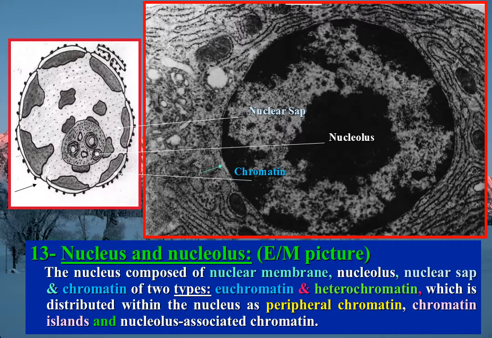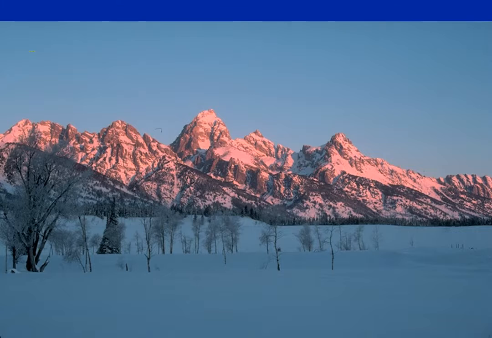There are 2 types of chromatin: active euchromatin and inactive clumped heterochromatin. Heterochromatin is distributed within the nucleus as peripheral chromatin lining the nuclear membrane, chromatin islands distributed within the nucleus, and nucleolus-associated chromatin around the periphery of the nucleolus.